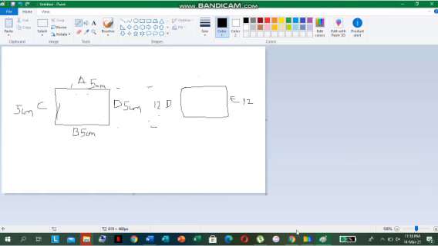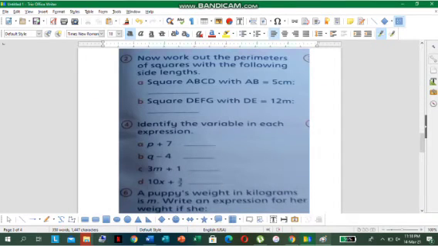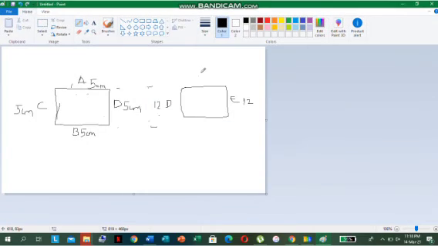Now the next one is FG. I will call this side F, and this side G. If all the sides are equal, then F is also equal to 12 and G is also equal to 12.